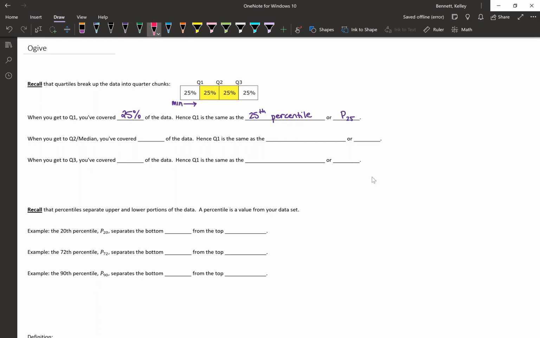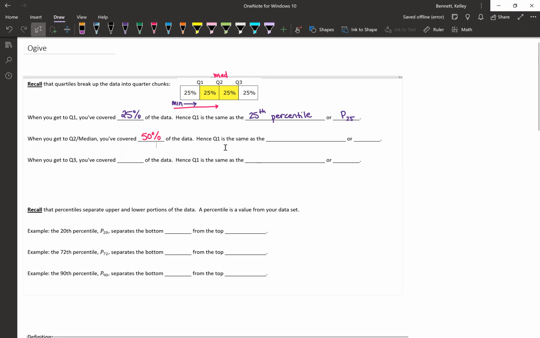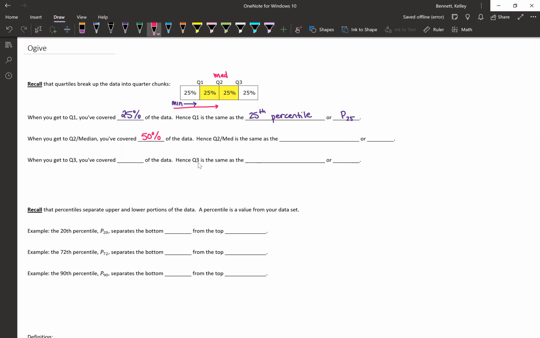And if we go up to the median, so Q2 is the same as the median, we've then covered 50% of the data. So Q2, or the median, is the same as the 50th percentile, or P50.